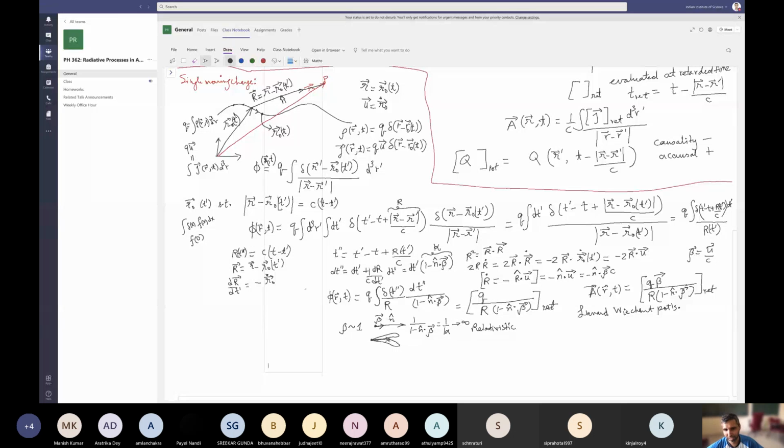It depends on the details, but this is a generic result that most of the energy is radiated in the forward direction, and this factor 1 over 1 minus n hat dot beta signifies that relativistic beaming.